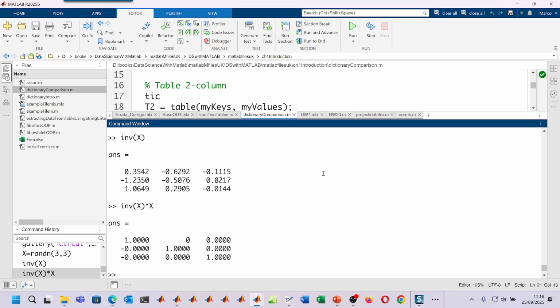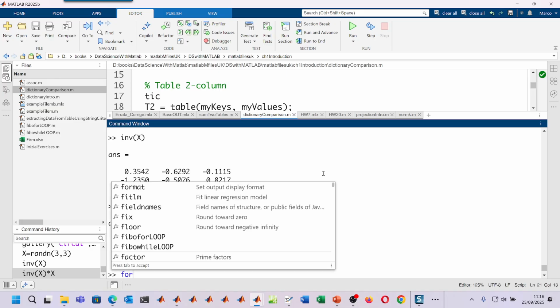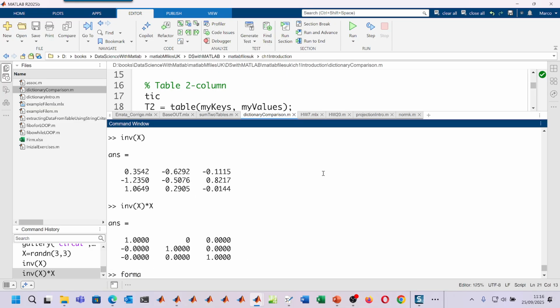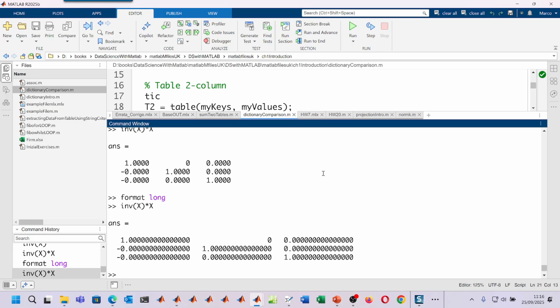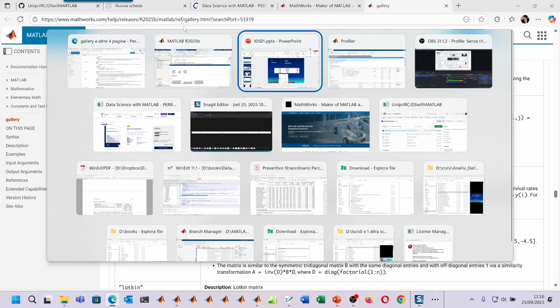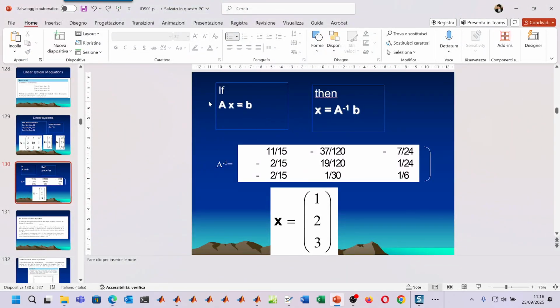Yes, correct. Of course, there is the plus and minus probably, because if you put format long, maybe there are decimal places, but yes, this is the identity. That's the reason why here you multiply both sides by A to the minus 1, and A minus 1 times A is the identity.